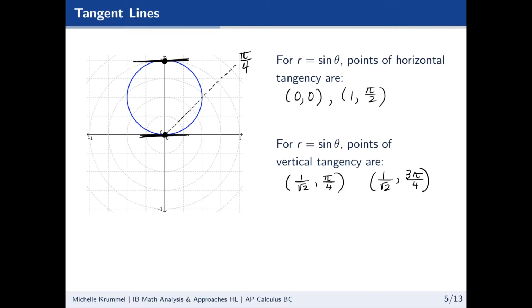And we can go ahead and do 3 pi over 4 as well. 45 degree angle in quadrant 2. There's 3 pi over 4. And this point right here and this point right here would be on the curve at those theta values. And we can see that we do have vertical tangent lines at each one of those points.